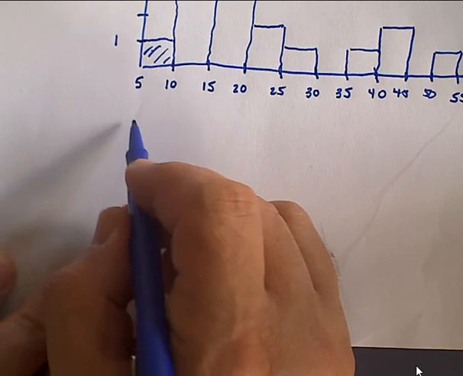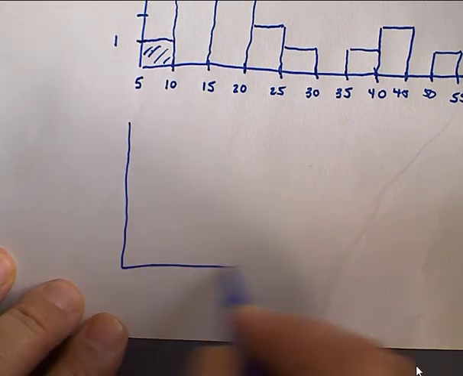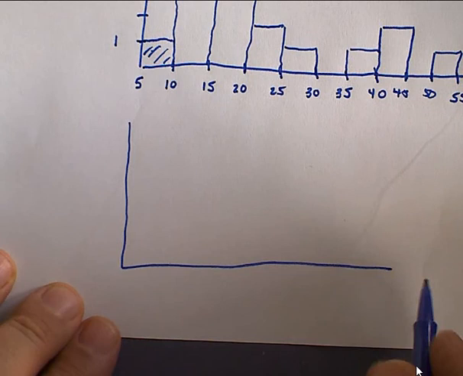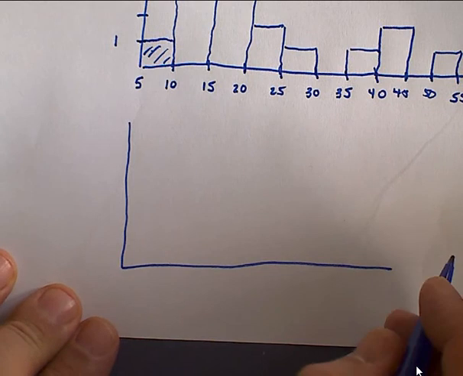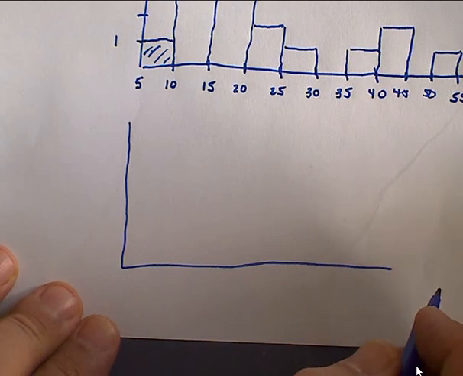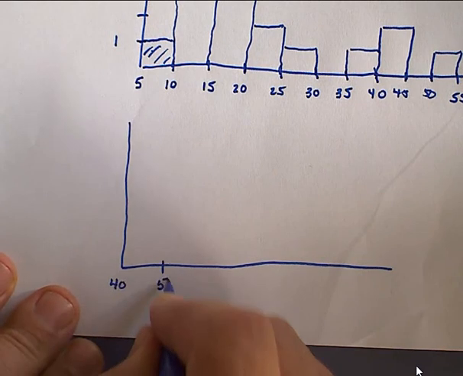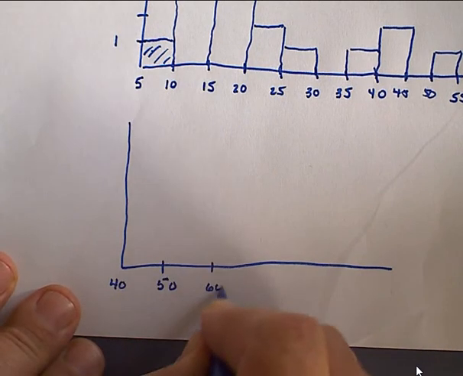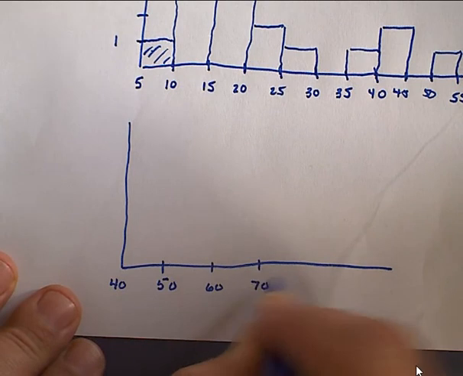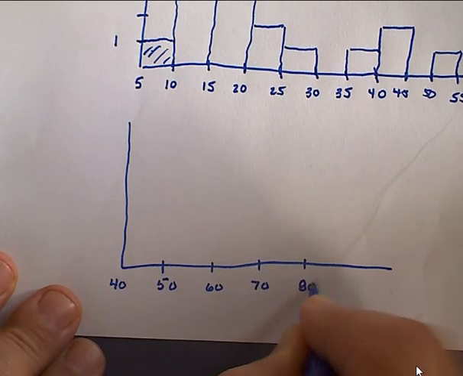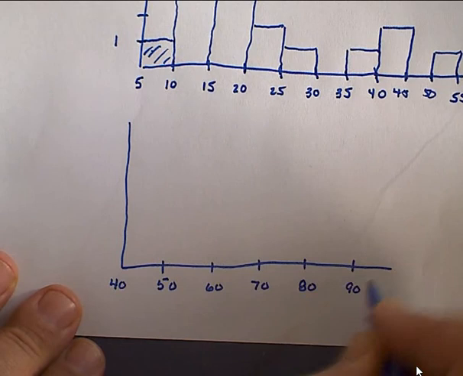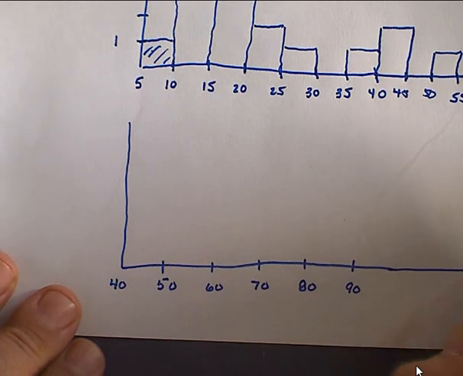So along the bottom is the days of maturity, average time. They started at 40, and they went by tens. And they went all the way out to 130.